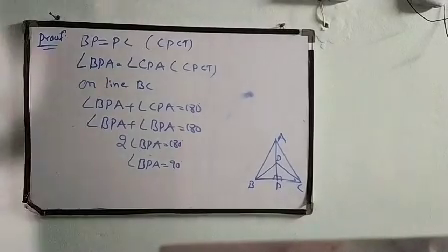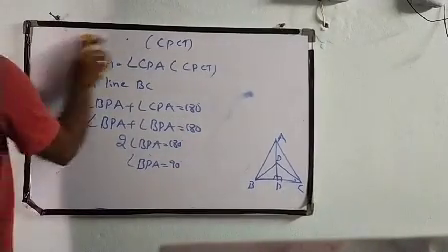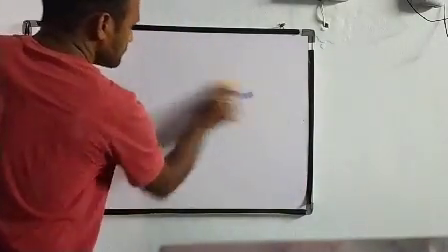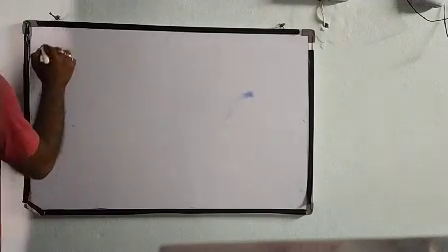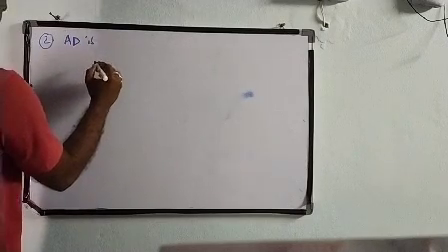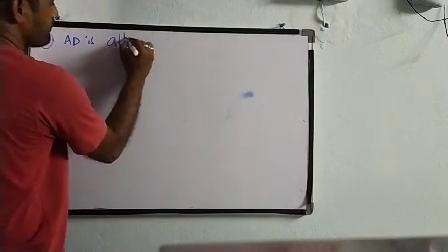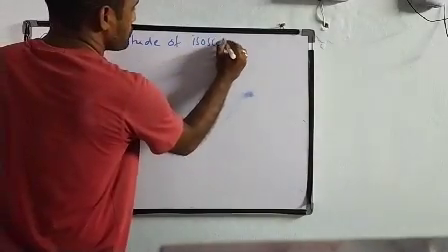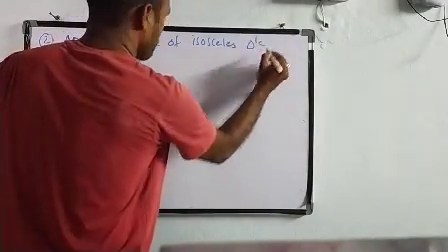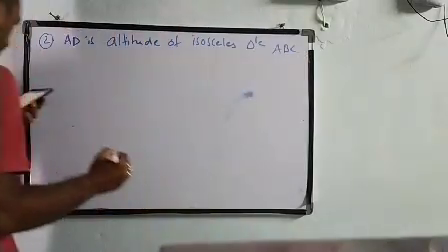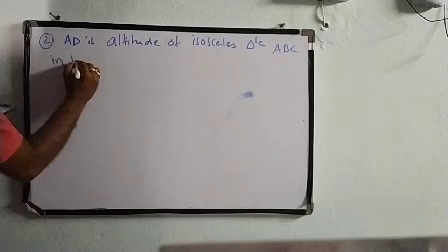Let us start another question, the second question in the same exercise 7.3. The question is, AD is altitude of isosceles triangle ABC, in which AB is equal to AC.